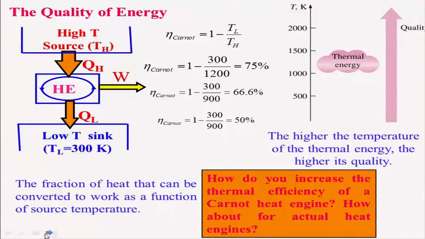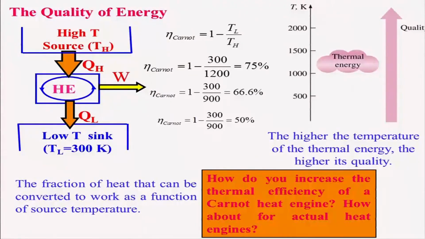That means the quality goes on increasing with the increase of the temperature at which thermal energy is available. We will come back to this quality of energy a little later, when we talk about availability and other things.